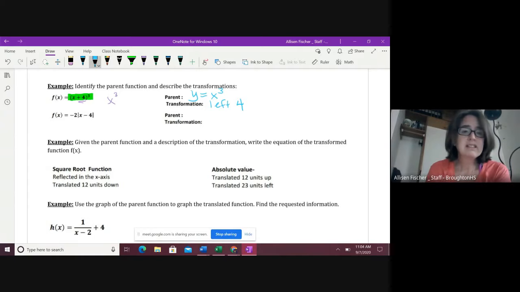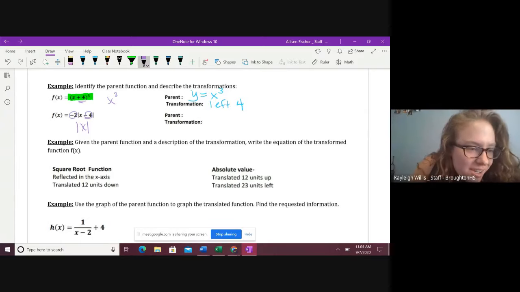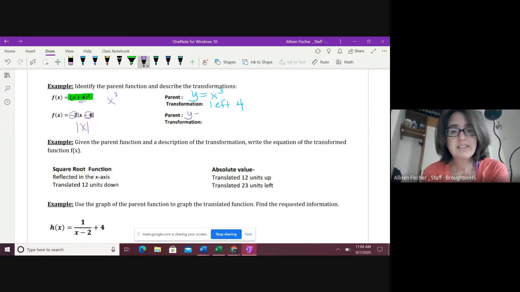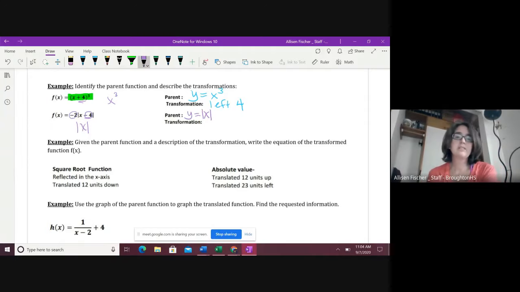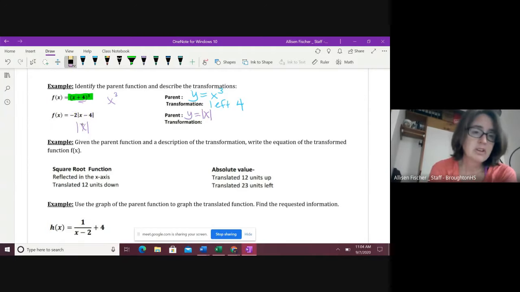In this second example, again, if we don't have any of these numbers, what would you have left? You'd have this. Oh, so it looks like an absolute. Oh, so you have absolute value. Okay.